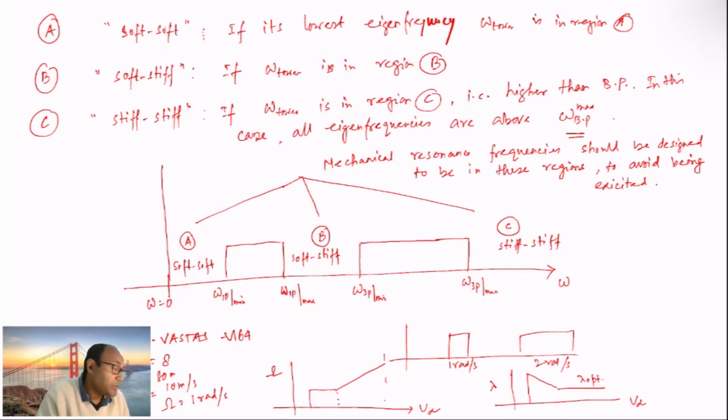So this is between essentially 1 rad and 2 rad per second. This is the line for 2 rad, this is the line for 1 rad per second, like that. So this is an example where you can see how these things vary.